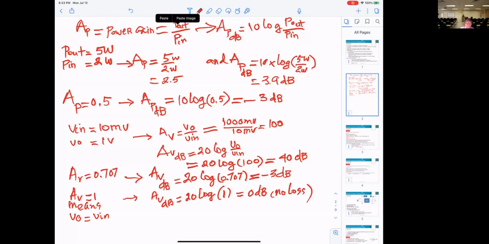If dB is negative, you get loss. However, if you get 0 dB, that tells you input and output are the same, no loss. On the communication between the transmitter and the receiver, they only care about loss.